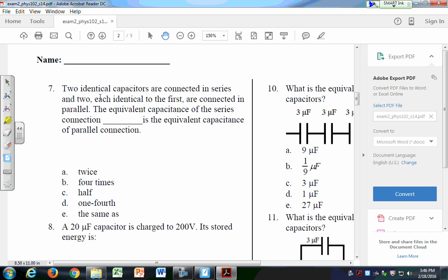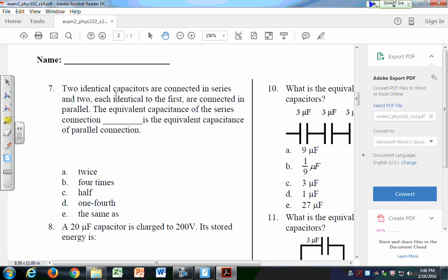Let's look at number 7. Two identical capacitors are connected in series, and two, each identical to the first, are connected in parallel. The equivalent capacitance of the series connection is what? Is it twice, 4 times, half, 1/4, or is it the same as the equivalent capacitance of the parallel connection?